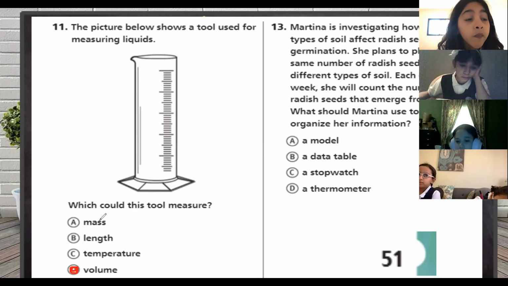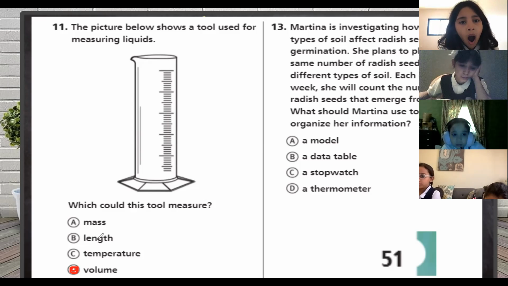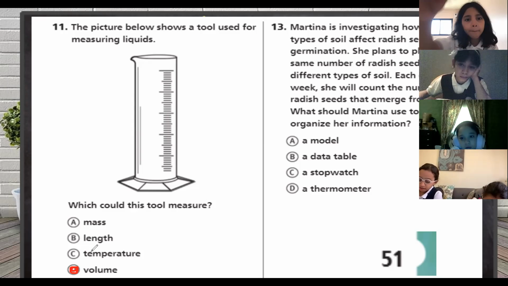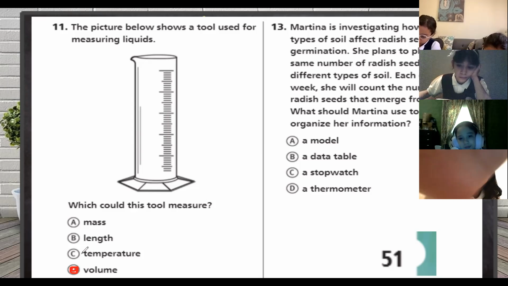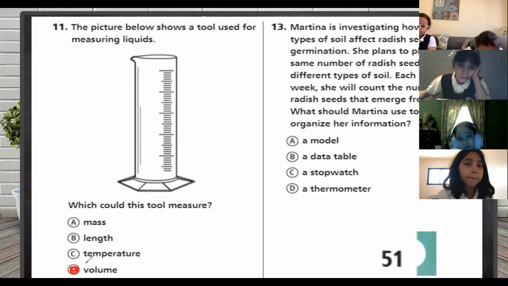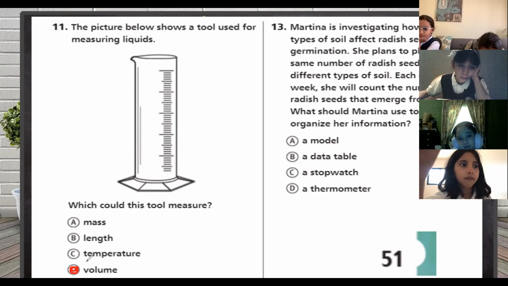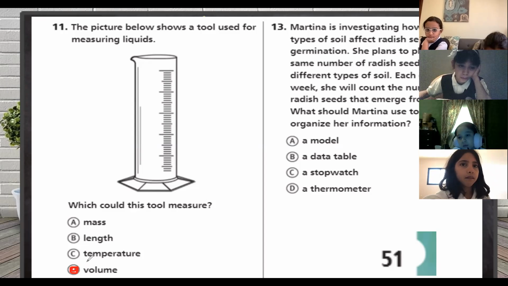Mass is about the weight. Length is about how long something is. Temperature, I want to know if it's hot or cold. But when I ask about the volume, I need to know about the space something takes up.